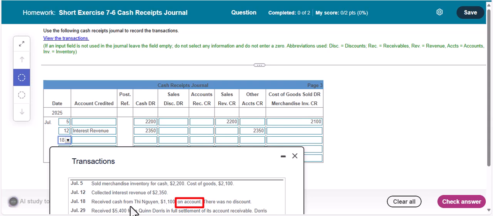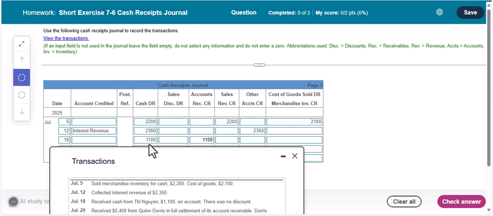So Thai is paying off AR that she owes us. We can first start by getting that $1,100 in the cash column as a debit. So we know we are receiving cash. And then the other account that we are going to credit is the accounts receivable, since that's now lowering since she is paying that off.